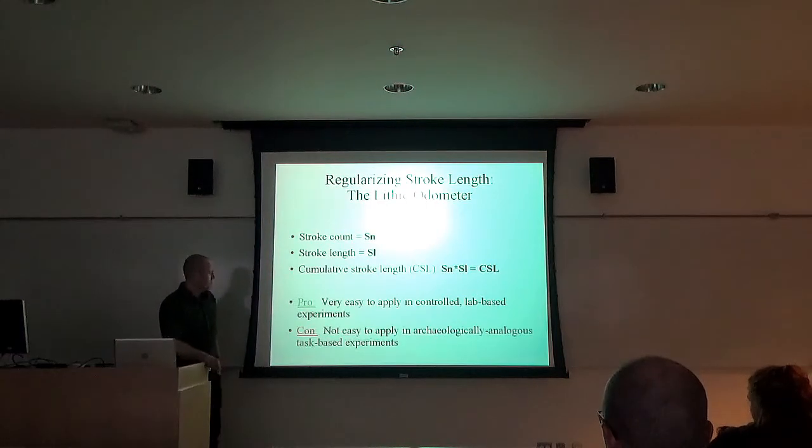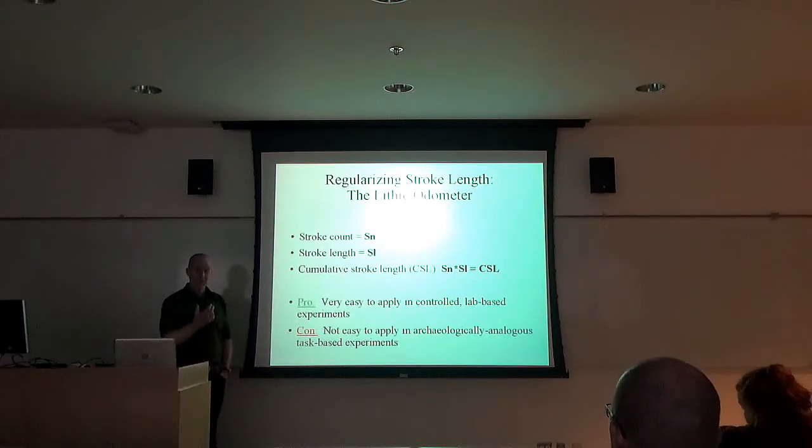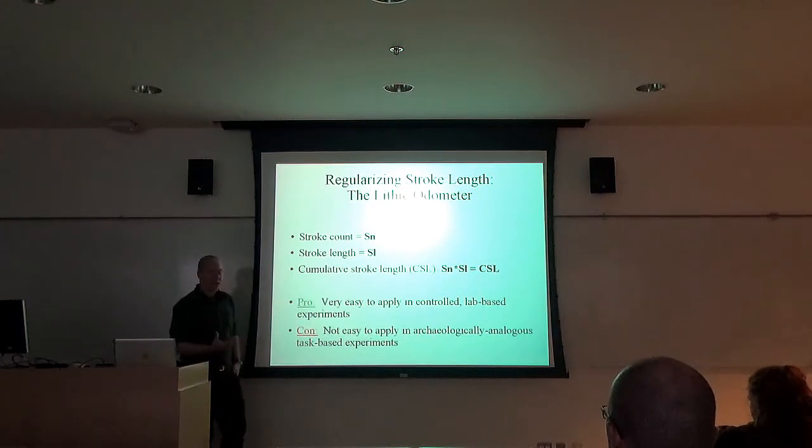So the benefits, of course, are that it's an easy concept. I had to do a deep dive in the literature to make sure no one else had actually come up with it. The downside is it's very difficult to apply to strokes that are not lab-based.